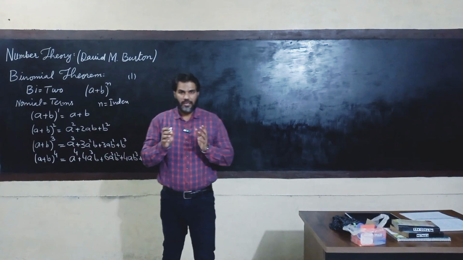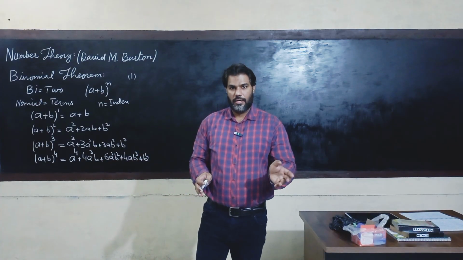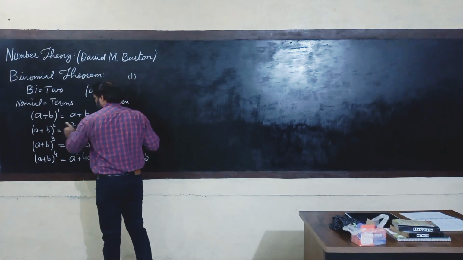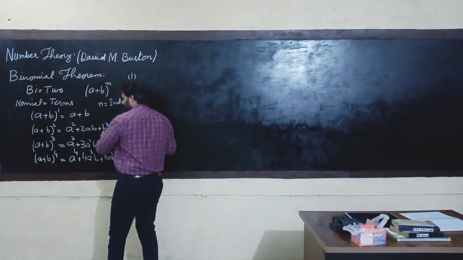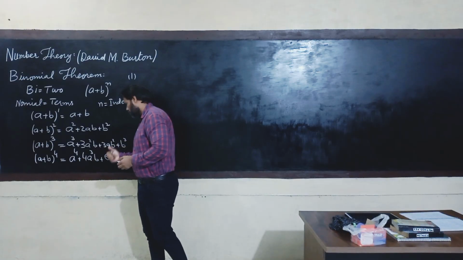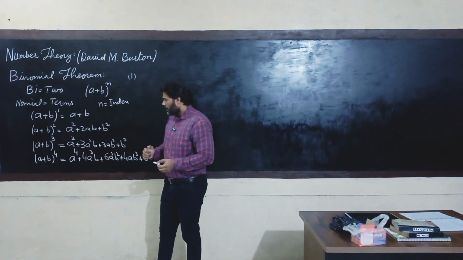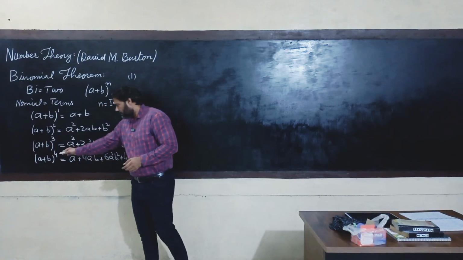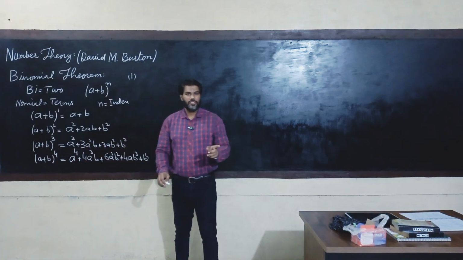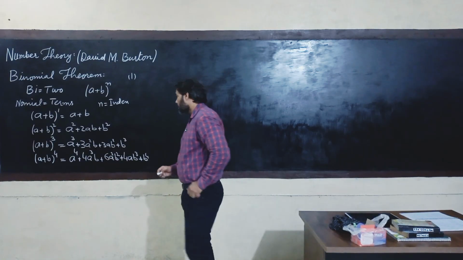So you can observe in each formula the number of terms is one more than the index. In (a + b)^2, the number of terms is 3. Similarly, in the formula of the cube, the number of terms is 4. And lastly, in the formula of (a + b)^4, the number of terms is 5.